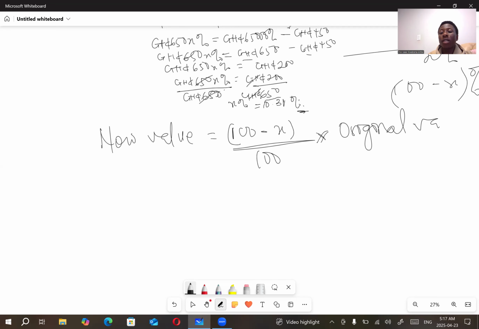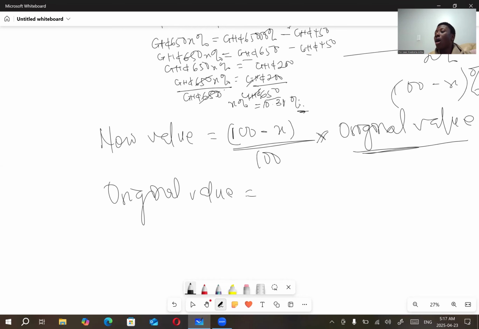You have to do change of subject, making original value the subject, because there will be questions that ask you to find the original value when we've given you the new value and the depreciation rate. So original value will be equal to 100 all over 100 minus X, times new value.